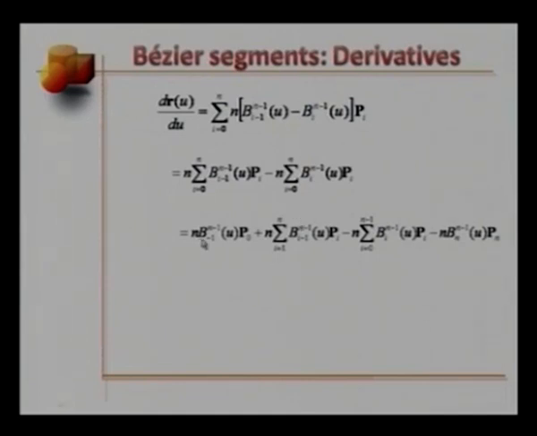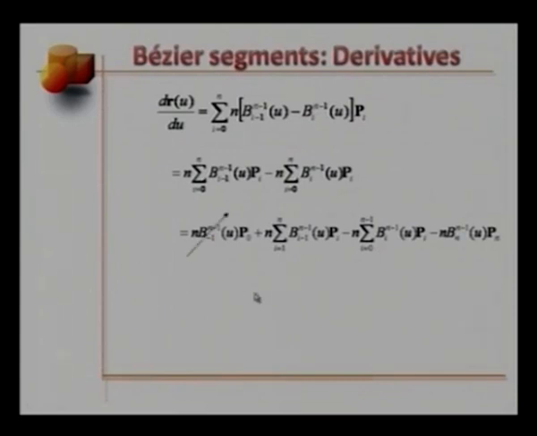This is n times b sub minus 1 raised to n minus 1 times p0, plus n times summation i going from 1 to n b sub i minus 1 super n minus 1 times p sub i, minus n times summation i going from 0 to n minus 1 b sub i super n minus 1 p sub i, minus n times b sub n super n minus 1 times p sub n.